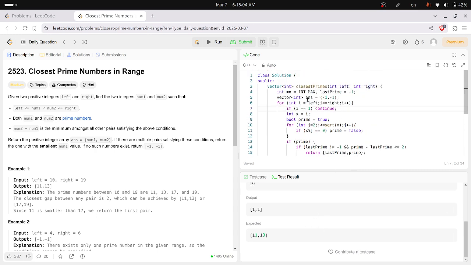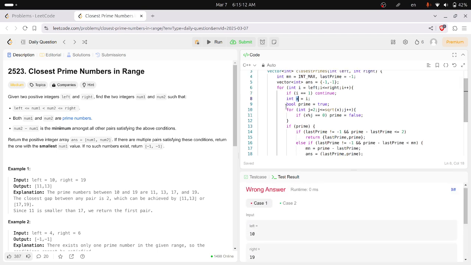So I'm starting from left and I'm storing that variable, let's say 10, in it, and then I'm keeping a boolean named prime, initializing it with the value true. Then I'm iterating in a for loop from 2 till the square root of x, and checking if 10 can be divided by j with a remainder of 0, then I'm marking it as not prime.